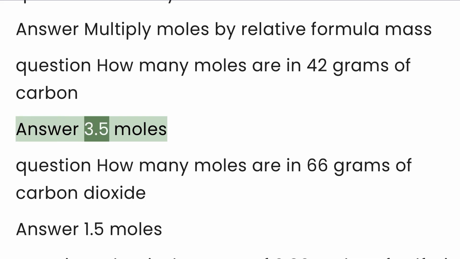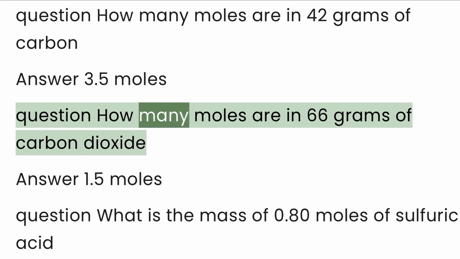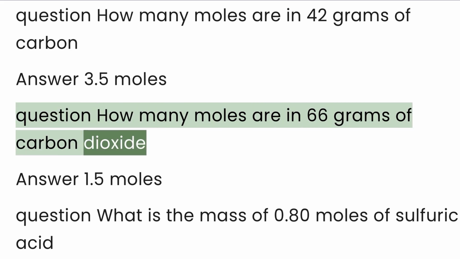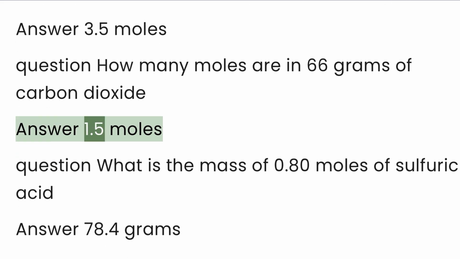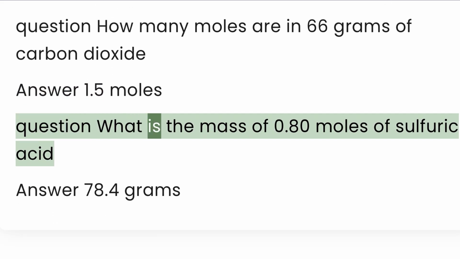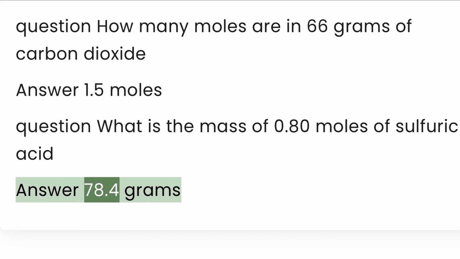Answer: 3.5 moles. Question: how many moles are in 66 grams of carbon dioxide? Answer: 1.5 moles. Question: what is the mass of 0.80 moles of sulfuric acid? Answer: 78.4 grams.